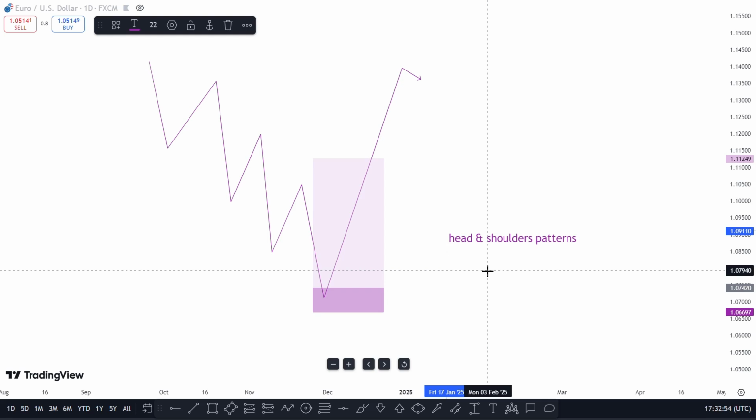We have the bullish pennant as well. We have bullish symmetric. We have bullish flag and bearish flag.